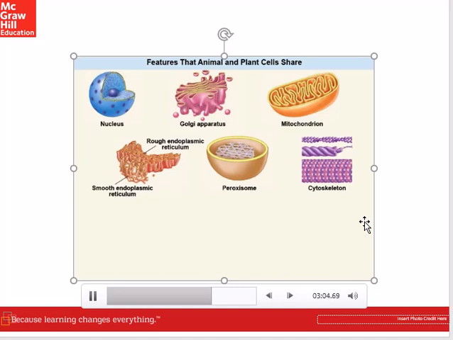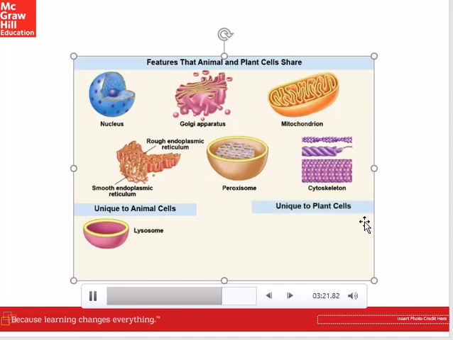Despite these many similarities, a few organelles differ between animal and plant cells. In an animal cell, a lysosome is a digestive centre where debris and worn-out organelles are dismantled and recycled. Plant cells rarely have lysosomes. Digestion occurs in the central vacuole of plant cells.